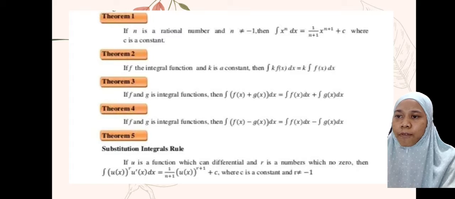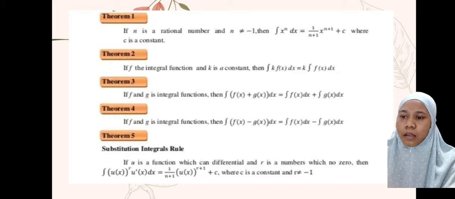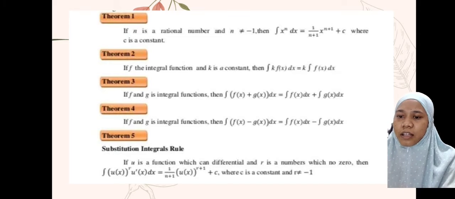If f and g are integral functions, then the integral of f(x) minus g(x) dx equals the integral of f(x) dx minus the integral of g(x) dx.